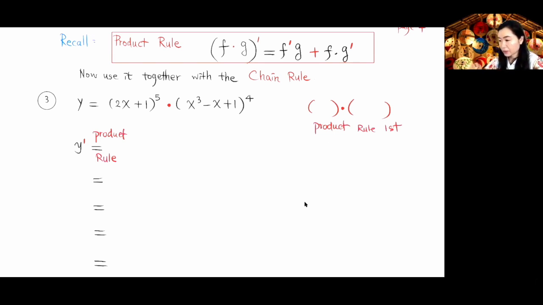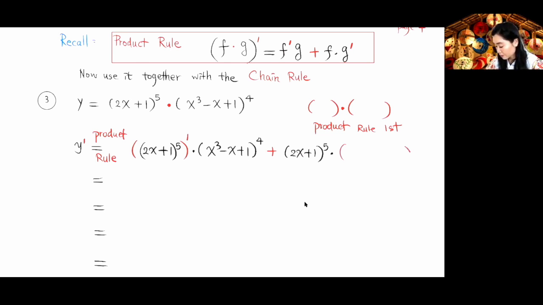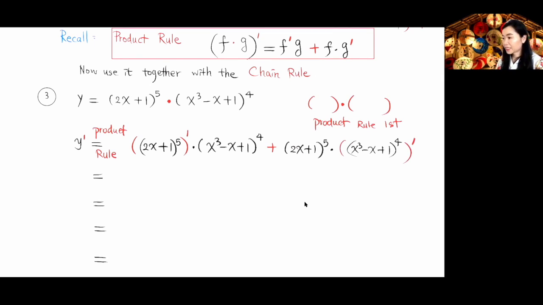So by the product rule, we're going to differentiate the first function, which is 2x plus 1 to the 5th power. We're going to differentiate that, and then multiply that with the second function, adding the first function times the derivative of the second function. Okay, so that's the product rule.